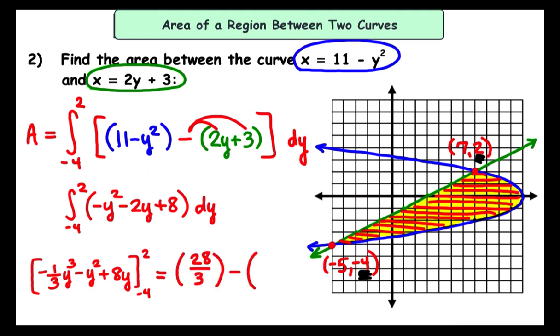The -4 plugged in will give us -80/3. Again, I'm saving a lot of time just by not showing all the details here. That's going to be plus. And that'll make 108/3. Although 108 does divide by 3 evenly, I know the digits add up to 9, so it should. And 108 divided by 3 happens to be 36.